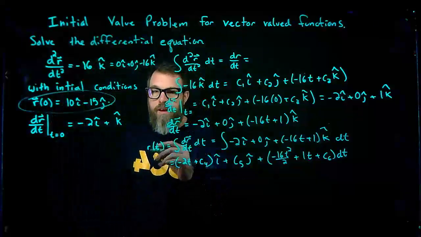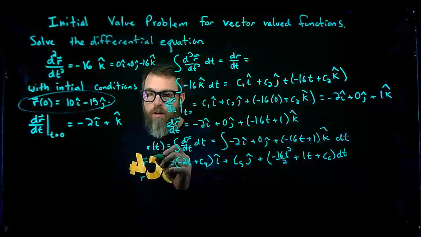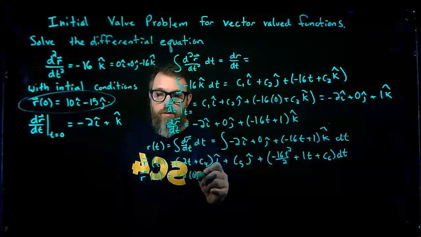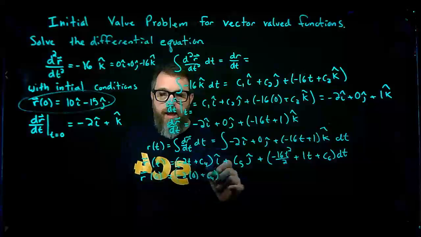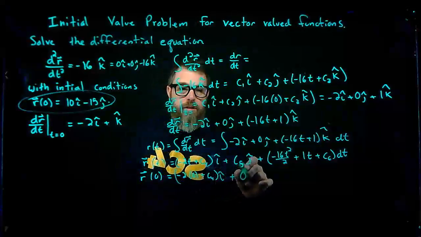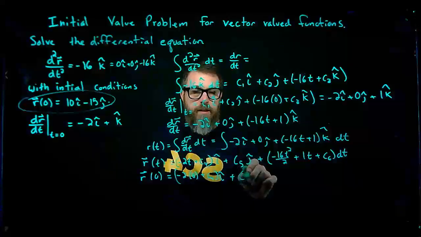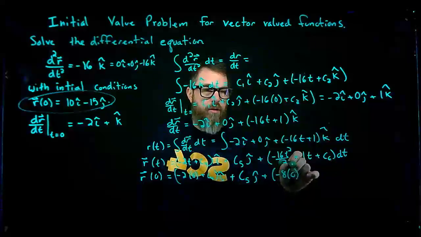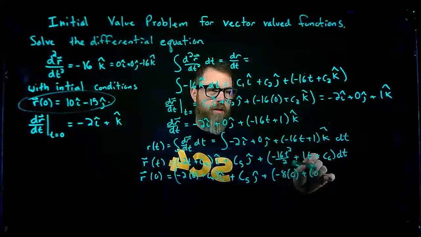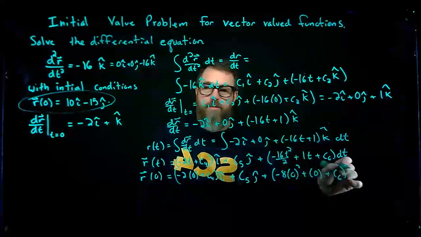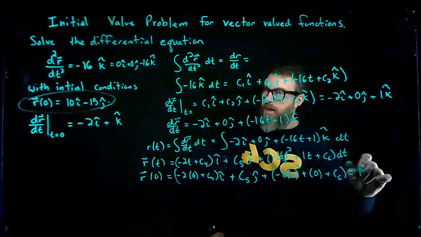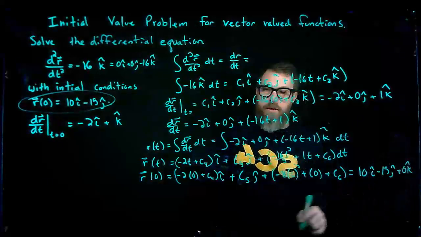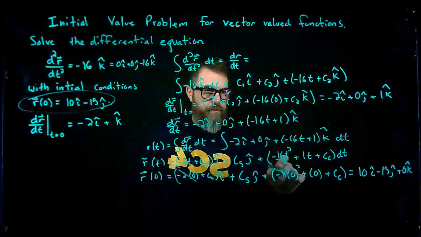So very similarly, if I plug in r of 0, this is minus 2 times 0 plus c4, that's going to be in the i direction, plus c5j, plus minus 8 times 0 squared plus 0 plus c6, which has to be equal to 10i minus 15j plus 0k.